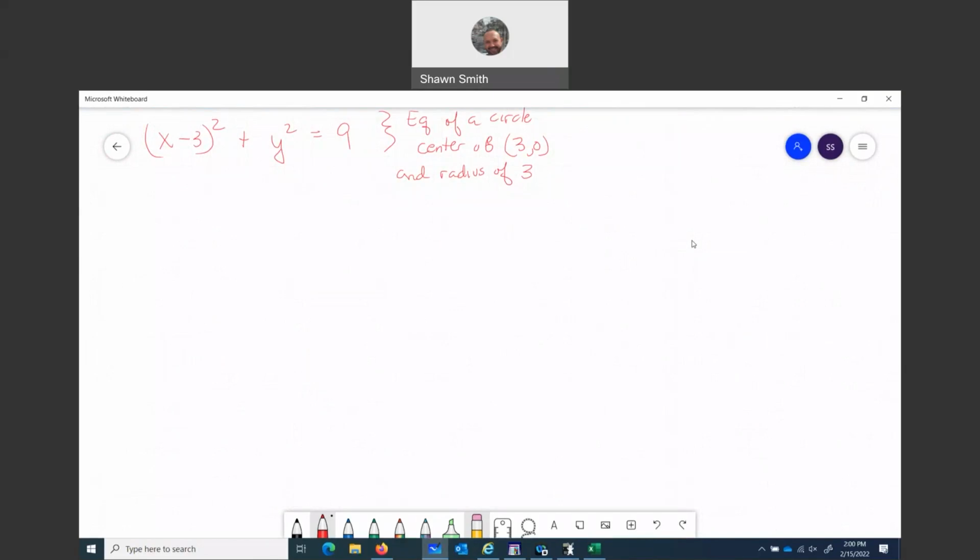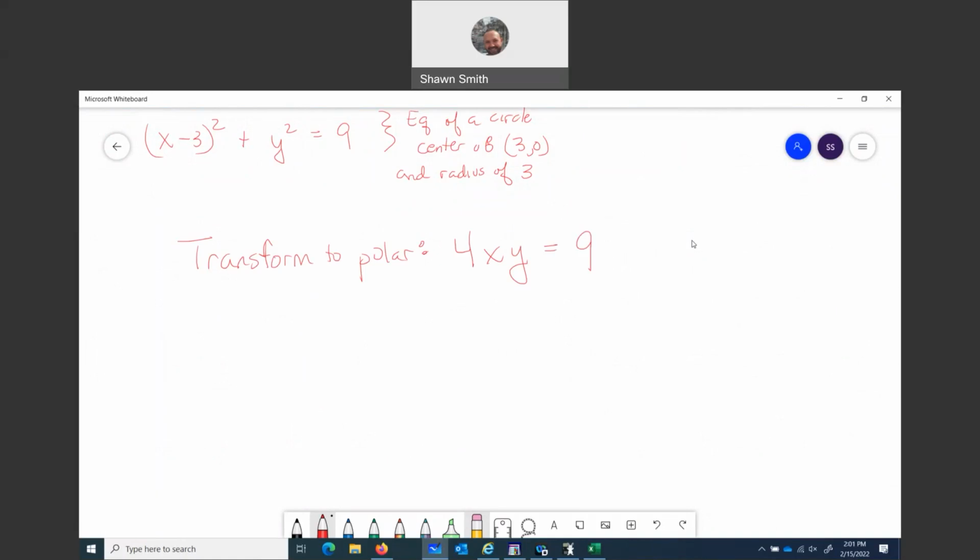All right, transform to polar. These are probably easier because we know exactly what x is in terms of polar form.